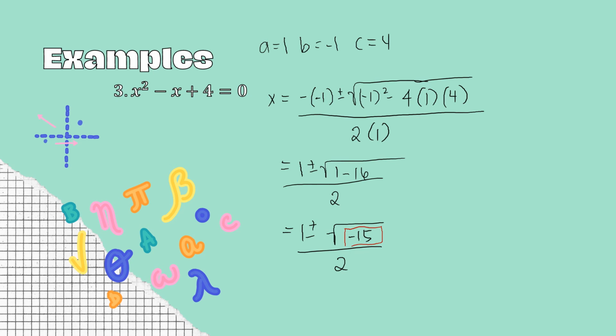So you can say that there is no real solution, which means you have no value of x unless you will solve for the complex numbers. So at the moment, we are not going to do that, so we would stop here.